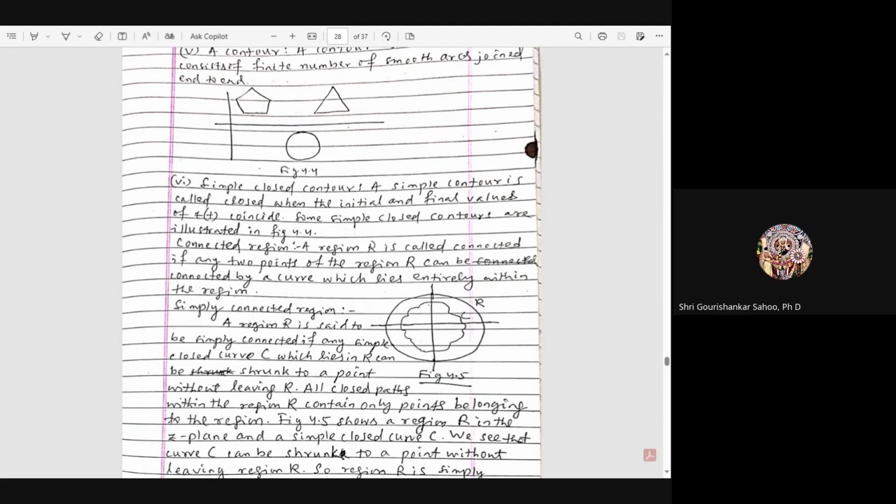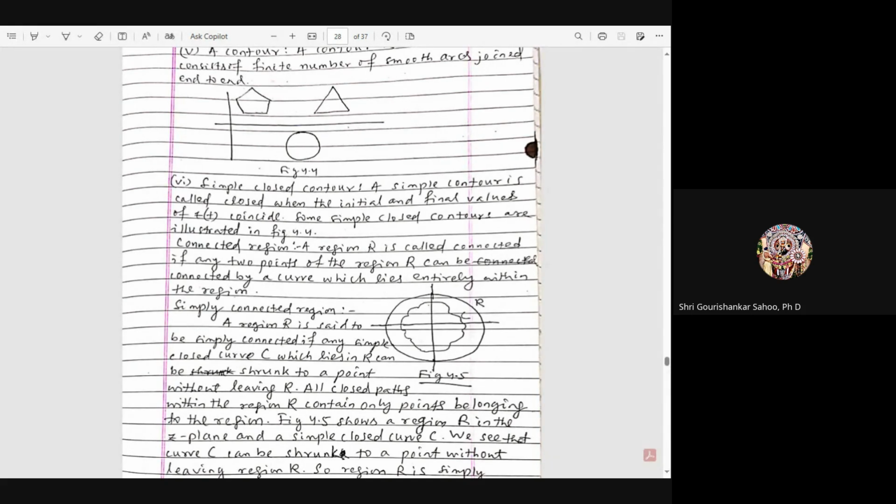So this is an important point. See in figure 4.5. There is a circle capital R and there is a curve capital C. So you can see that C is completely within R, and if you have a line inside C, all the points are there in R also.